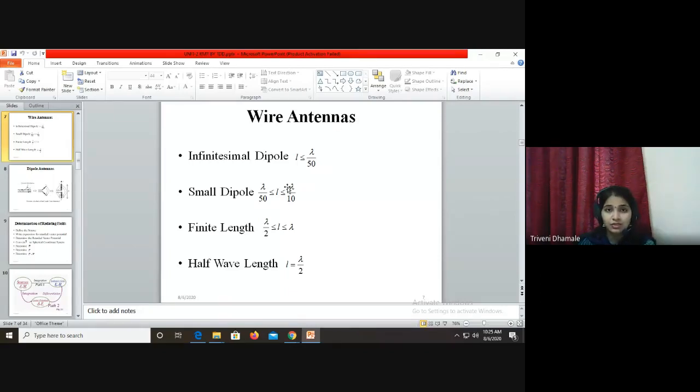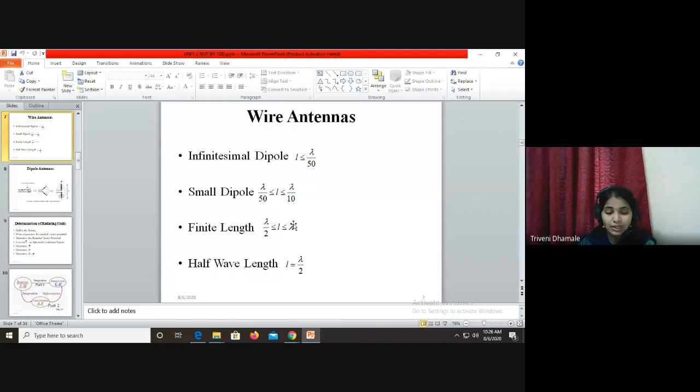As the structure of the antenna becomes complicated, the analytical analysis is difficult. So the most versatile, oldest and simplest antenna is your wire antenna. A simple wire making the shape of a dipole, or the shape of the wire antenna can be a circular loop. Square shape is also there.